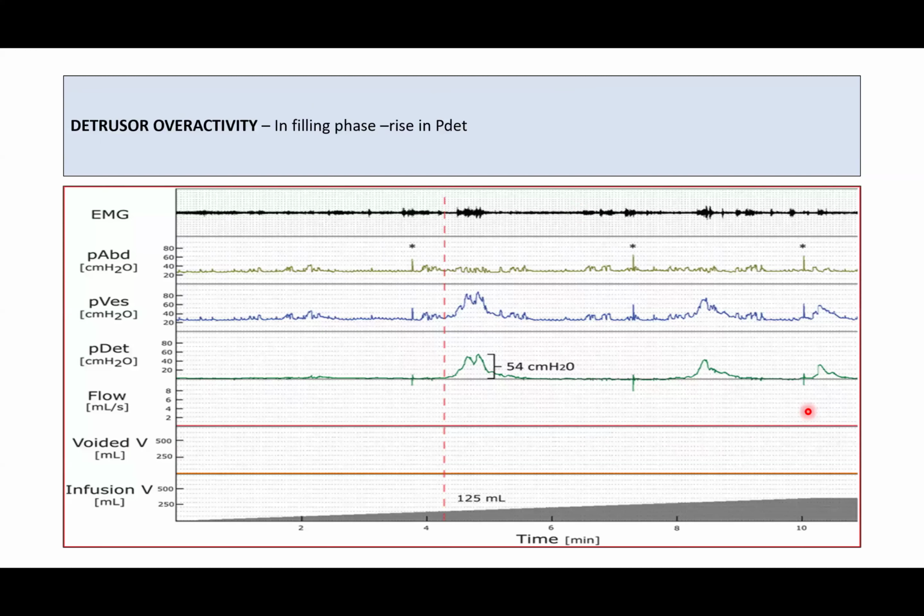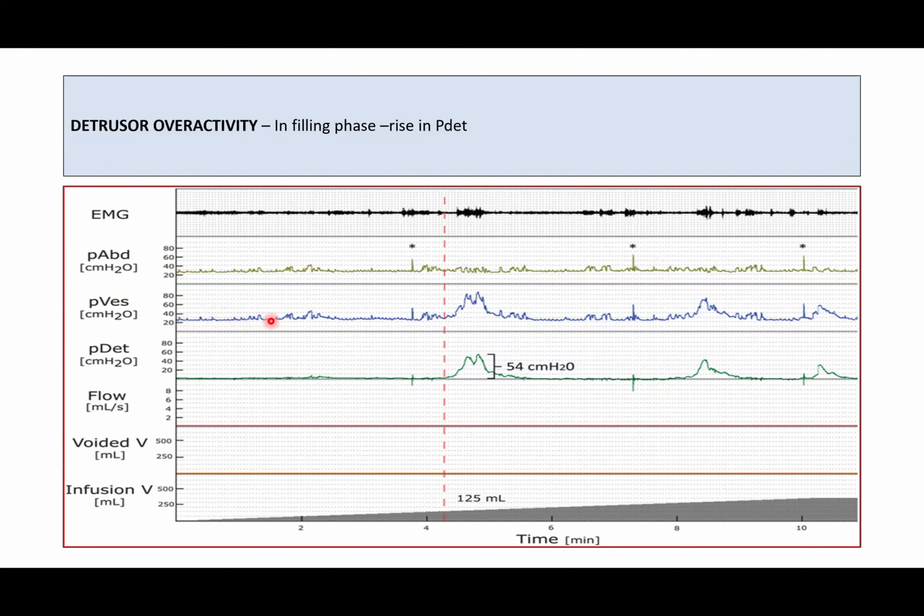Now, coming to the second one, again, check the patient's identity first, and the calibration. So here, this is 0, 20, 40, 60, 80. Okay, so the calibration is okay. What about the rise in abdominal pressure? Any rise? No rise.